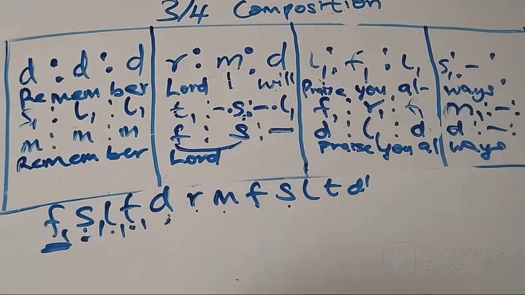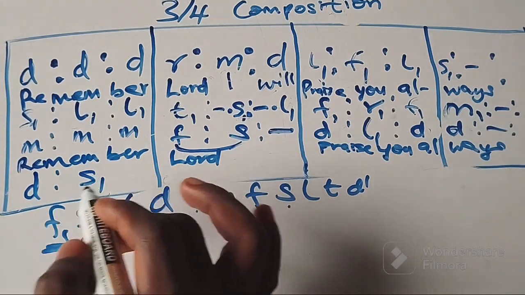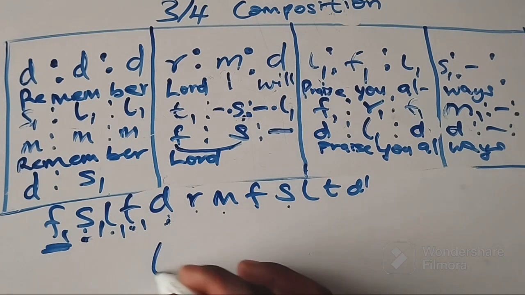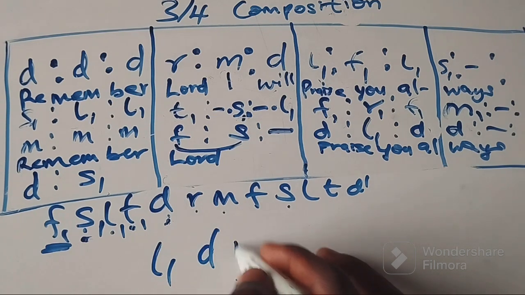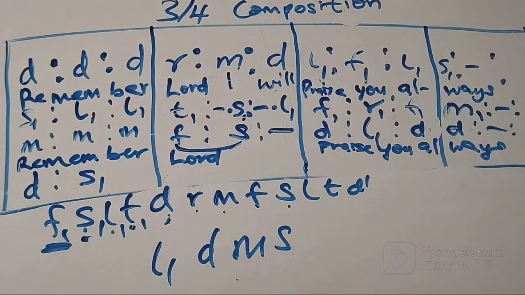But I can decide to, because there is a do chord here, I can decide to put this. There is a chord called so, la, do, mi, so. It is a sixth chord, but you may not know about it.